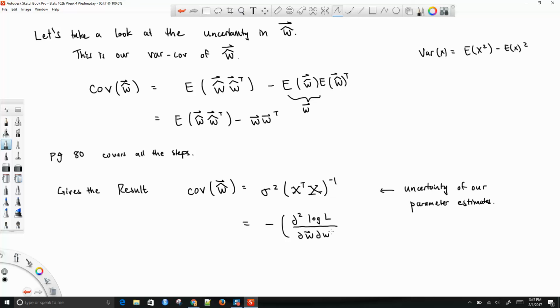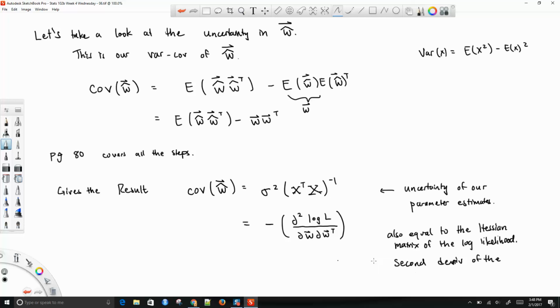So the covariance, this is also equal to, it's called the Hessian matrix of the log likelihood. You can think of the Hessian as the kind of second derivative of the log likelihood with respect to the vectors W.